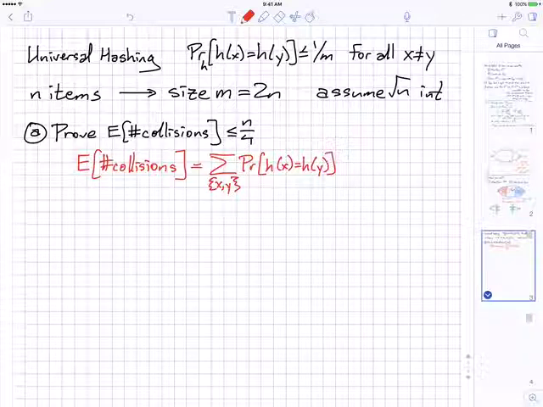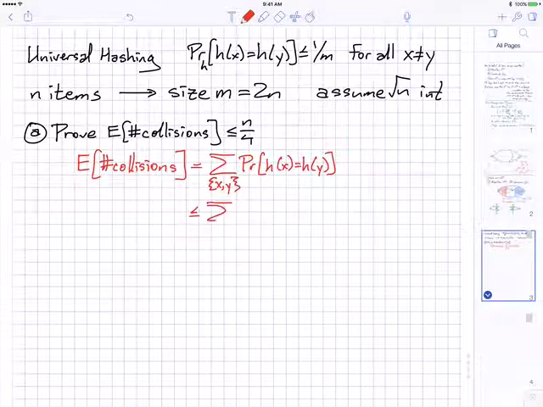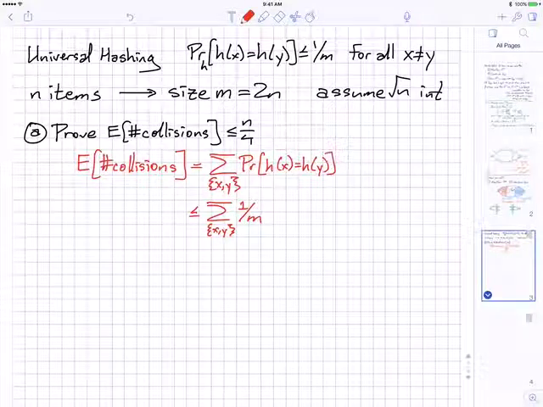Now I know what the probability is because by the definition of universal, this probability is at most 1 over m. And now the only question is, how many things am I summing over? Out of the n items that I'm putting into the hash table, how many ways are there to choose 2 of them named x and y? Given n things, how many ways are there to choose 2 of them?